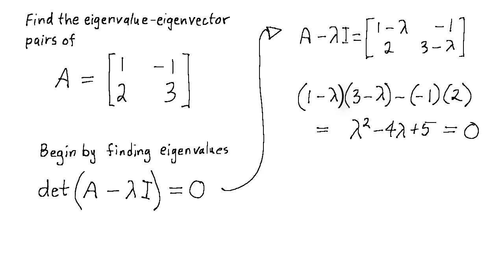We just solved the same equation a moment ago. Granted, the equation was expressed in terms of x rather than lambda, but that's just a superficial difference. The solutions are still 2 plus i and 2 minus i. To keep ourselves organized going forward, we'll set our first eigenvalue lambda 1 equal to 2 plus i, and our second eigenvalue lambda 2 equal to 2 minus i.